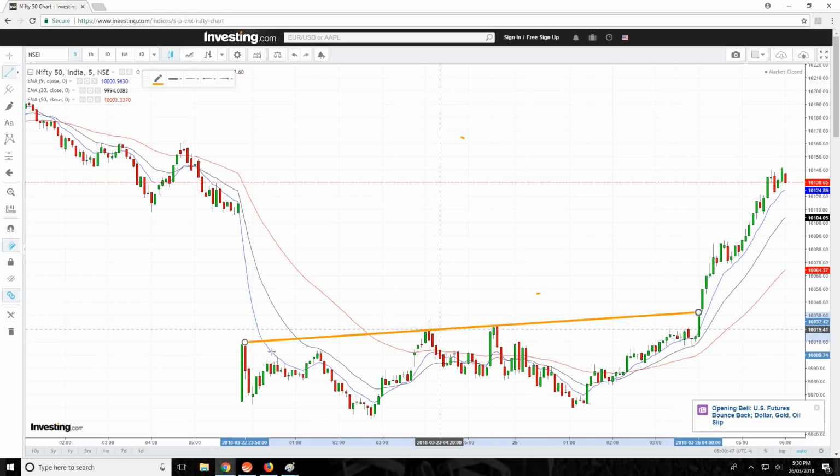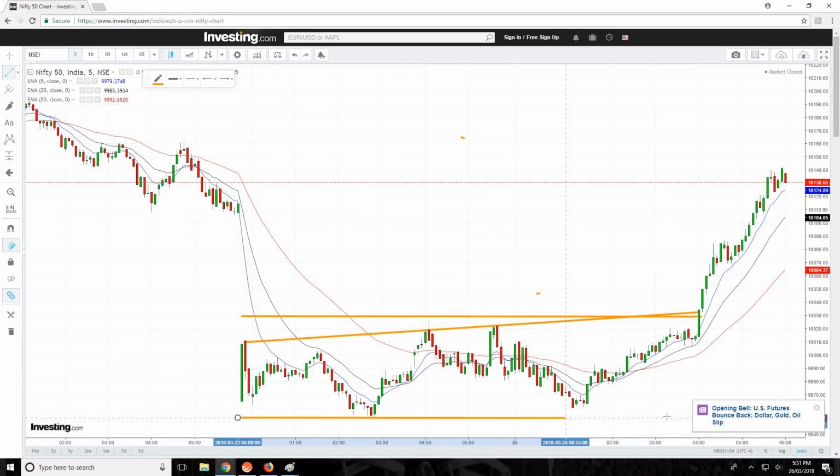Actually, before we draw this trend line, we can see that there's a swing high here, and there's a swing low here. So Nifty is basically trading in this range, here and here.